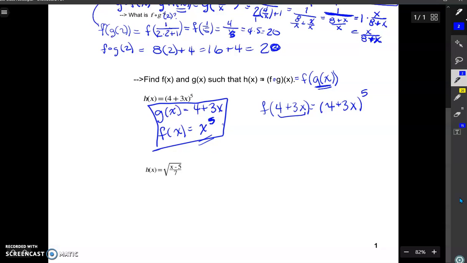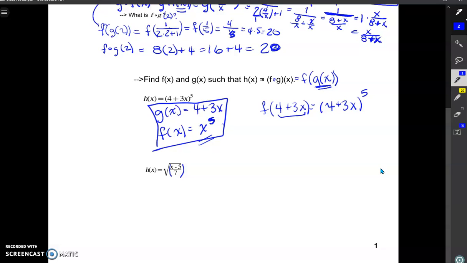So the x is right here in the numerator. It says we need to subtract 5 from it, divide by 7, and take the square root. So there's again 3 different things that are happening to x. And you could divide this out differently, but I think the way that is the most obvious is to do all of the stuff that's underneath the square root as one function, and then taking the square root is the second function, or the outer function.